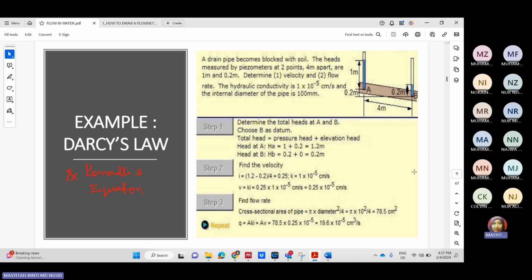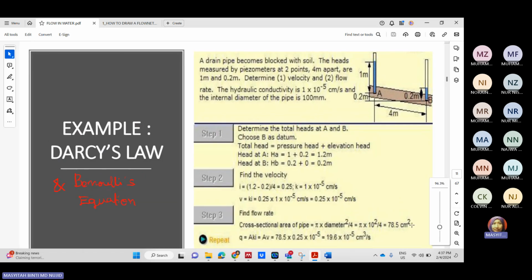Apa dia Afnan? Awak nampak tak skrin saya? Can you see my screen here? Jawapan soalan saya tu ada dalam ni. Oh ni. Pi di kuasa 2/4.